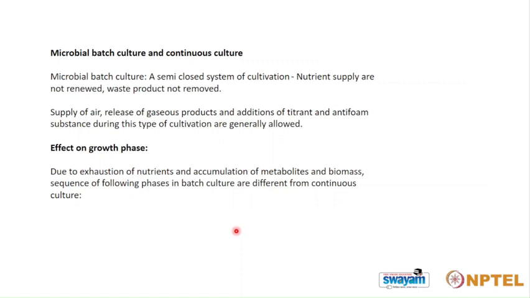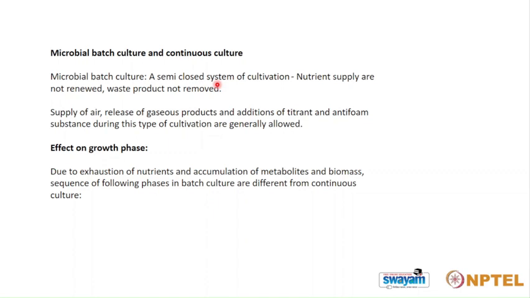So batch culture is a semi-closed system. Here we will be supplying the nutrients only once, and we won't be renewing the nutrients, and we also won't remove the waste products generated, but we'll be supplying air and gaseous products will be released out of the system.